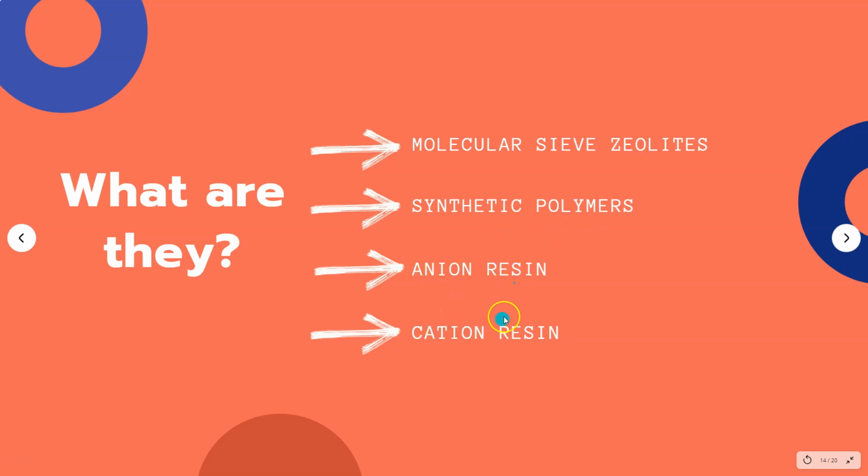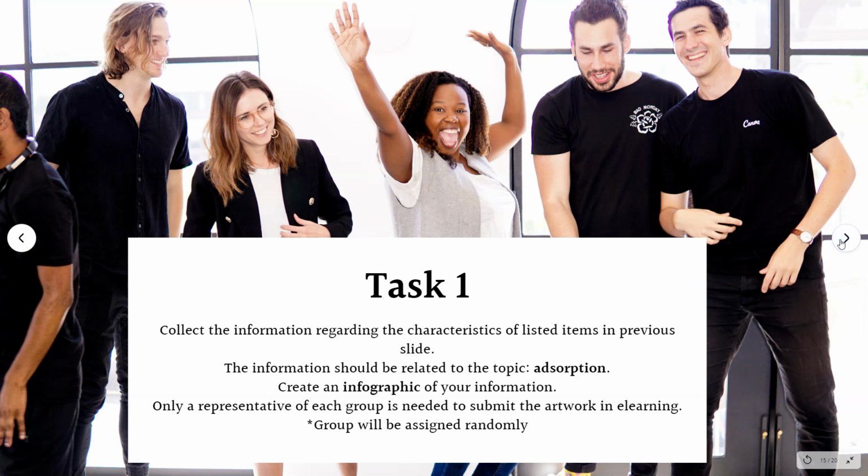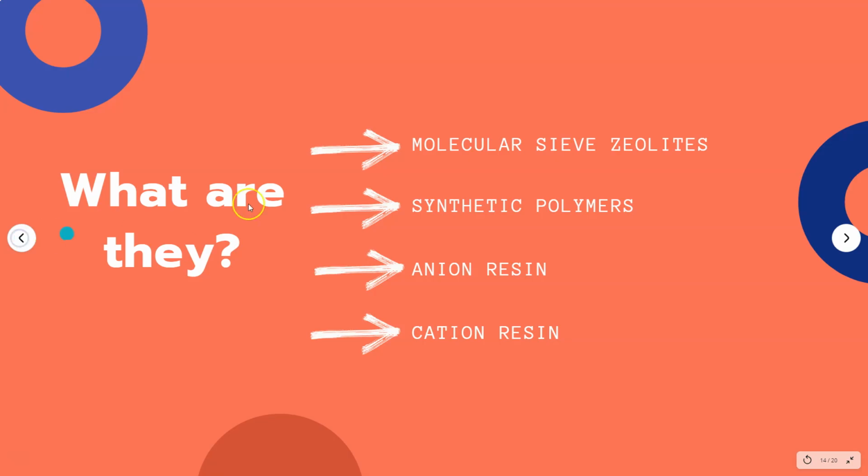Alright, so this is your task for this video. This is task 1 for this video. Collect the information regarding the characteristics of the listed items in the previous slide, which are zeolites, synthetic polymers, anion resin, and also cation resin.